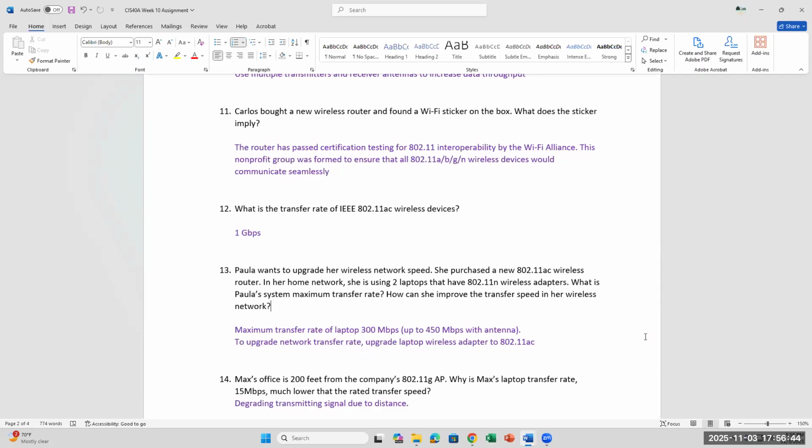So for the people who attack wireless networks, for those of you who aspire to be an ethical hacker, the antenna is going to be your best friend. It's going to overcome distance and signal challenges. So that means you need to get adapters that have antennas, so that you can receive signal quicker.